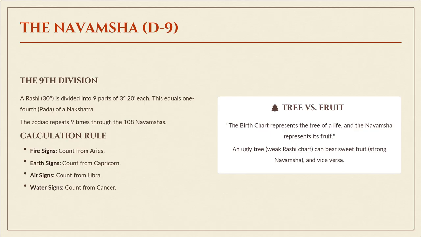For example, say your Sun is at 6 degrees Aries. In your D1 chart you will see it in Aries, but in your D9 chart, 6 degrees Aries will fall in Taurus, because that is the second division of Aries.